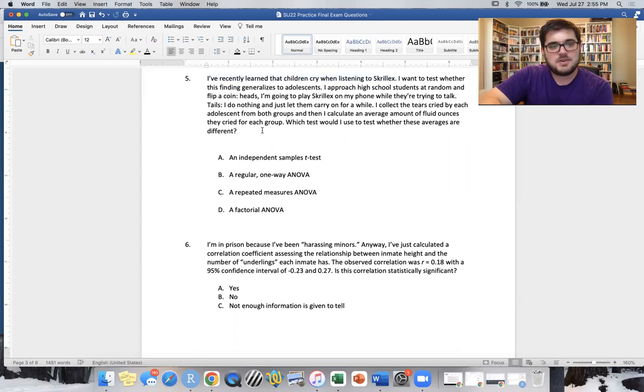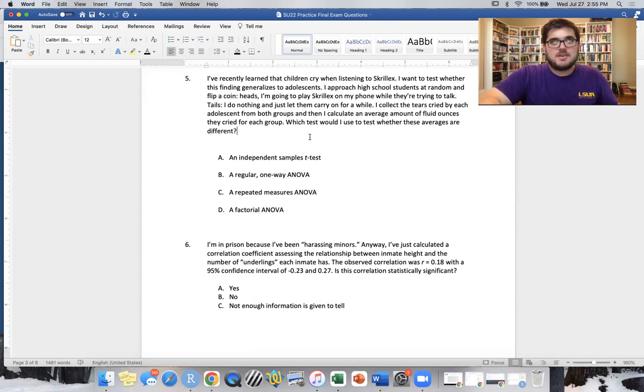Again, this is reading comprehension, just figuring out the key ingredients. And one of the key ingredients here is: is this repeated measures or not? If I were collecting someone's tears without Skrillex and then with Skrillex, and then other people, I counterbalance it: I start playing Skrillex, I collect any tears they cry, and then I stop playing Skrillex, so that I have a during-Skrillex and not-during-Skrillex amount of crying and tears.